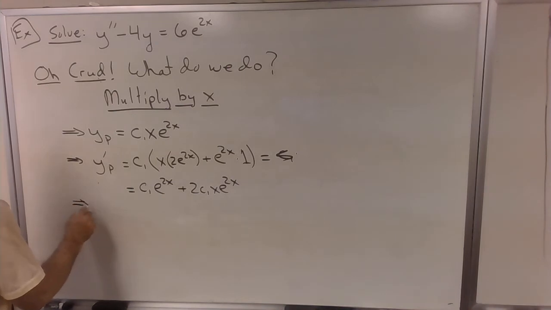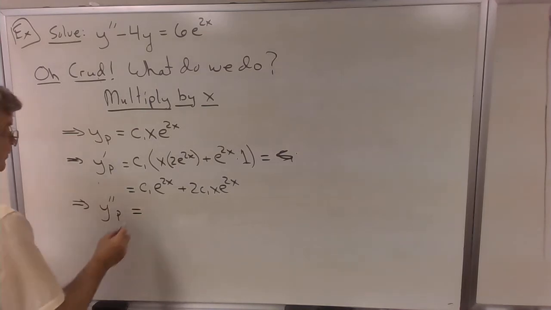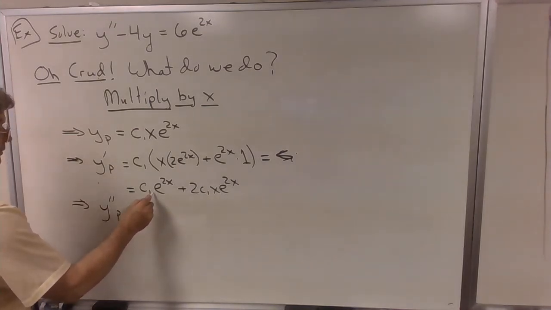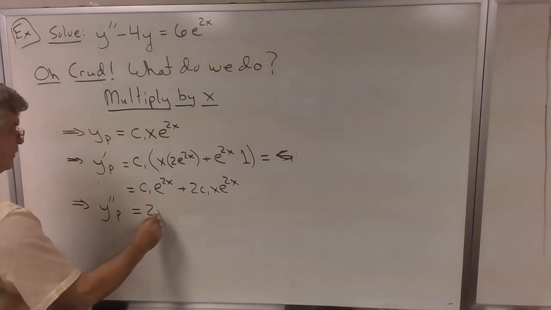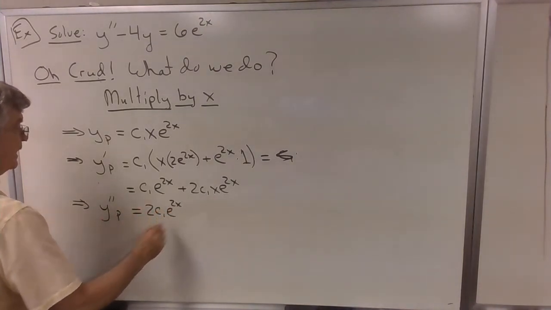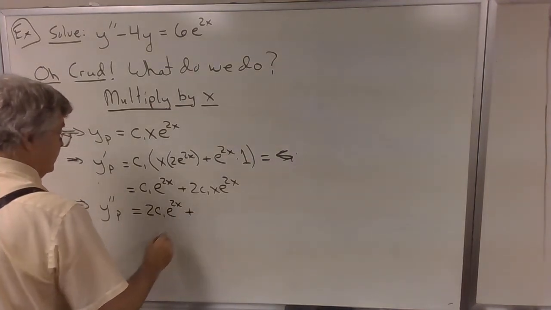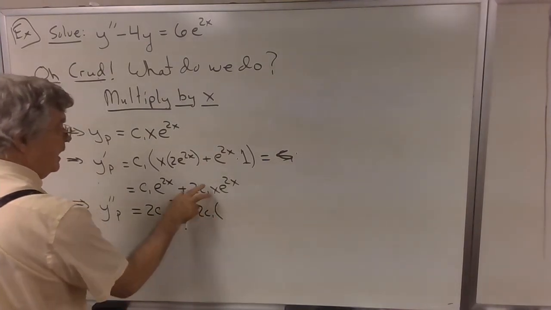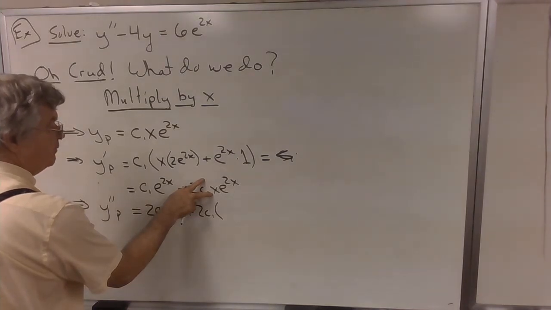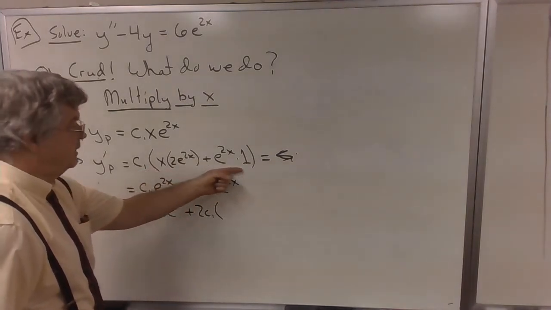I need the second derivative. Okay. Derivative of this is 2C1 e to the 2x. And then we do derivative of this thing. We have 2C1 and x e to the 2x is a product. We have to use the product rule, and we know how to do that because we did it up here.